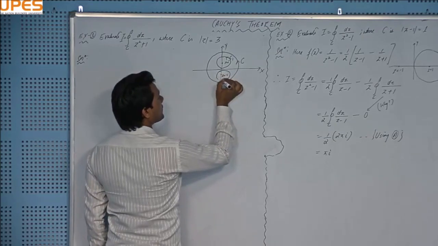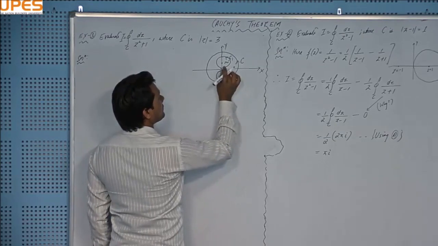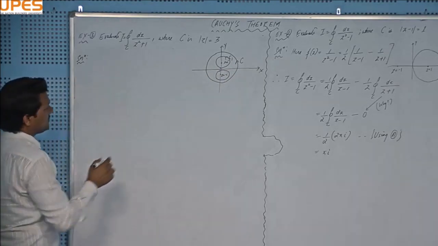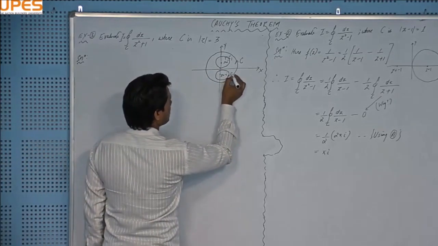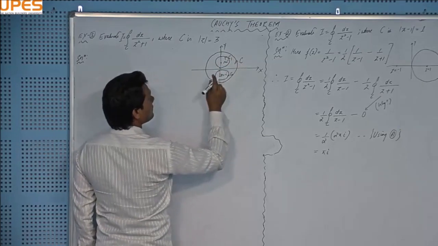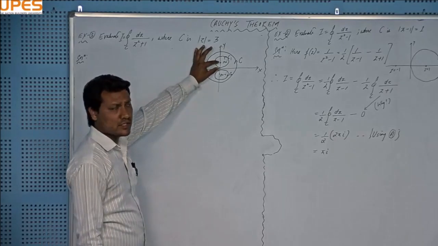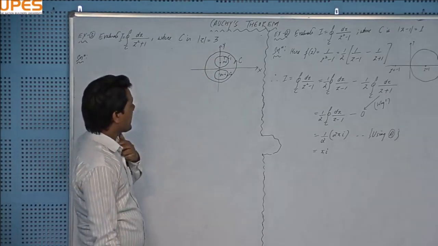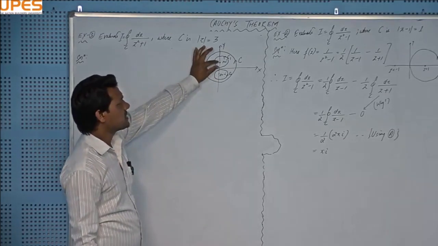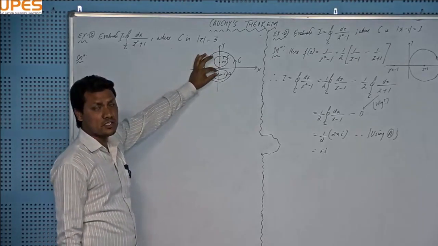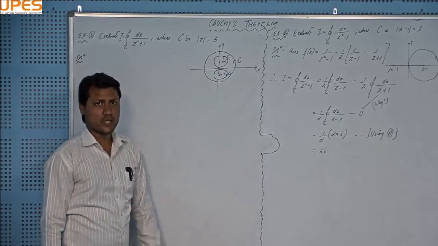And you just take care of one thing, that these two circles should not intersect, right? What is the radius of this circle? That is arbitrary, it should be less than or equal to 1, right? I will take the radii R1 and R2, and obviously R1 should be less than 1, R2 should be less than 1 in order to avoid overlapping, right?